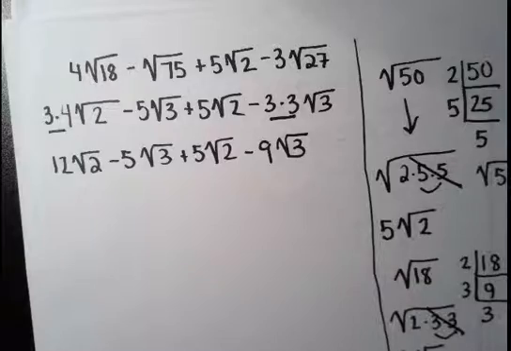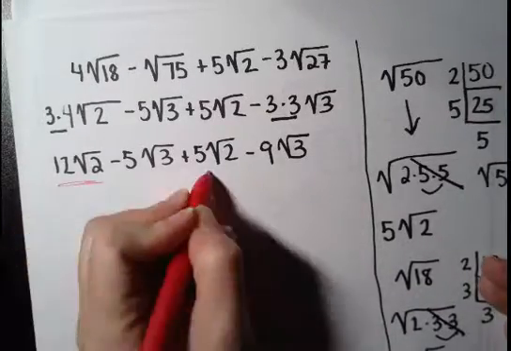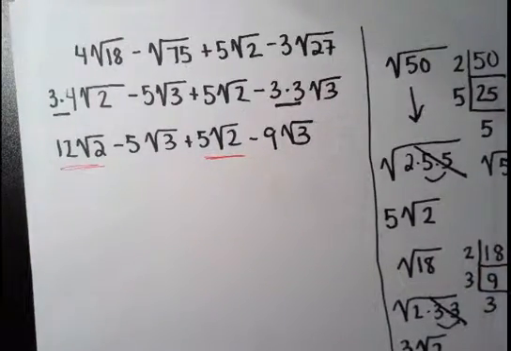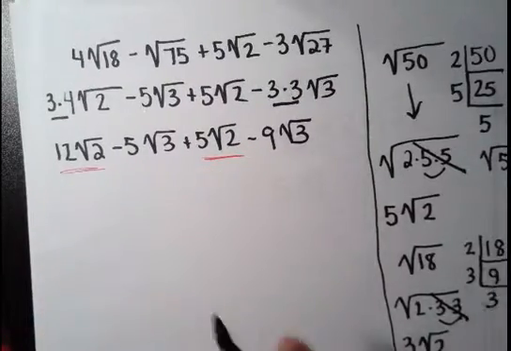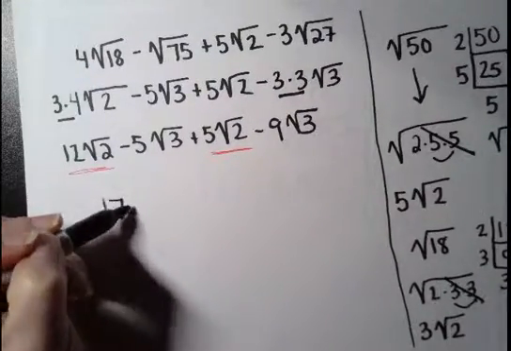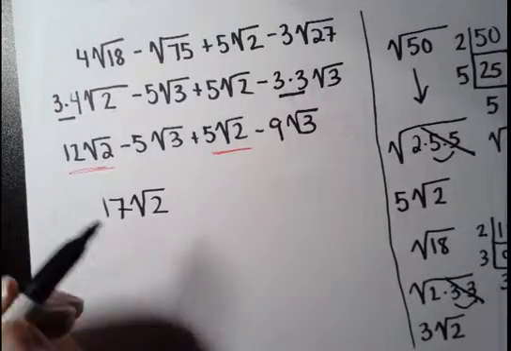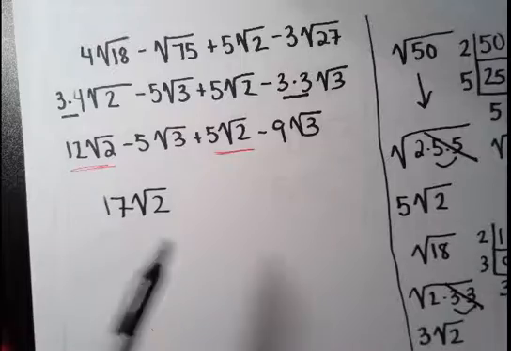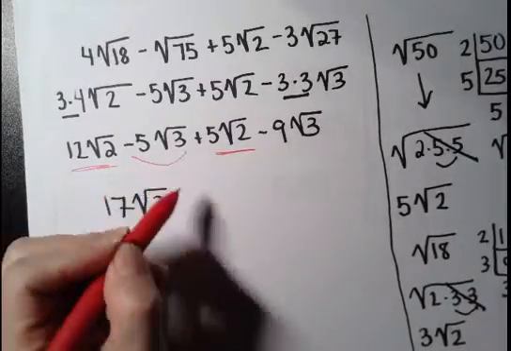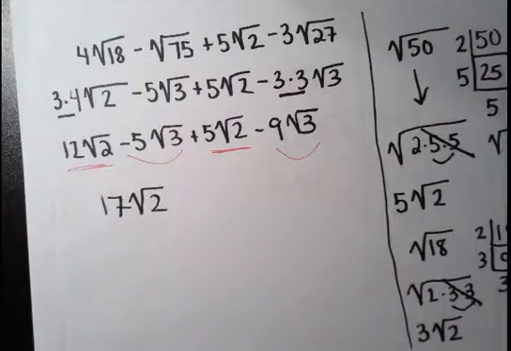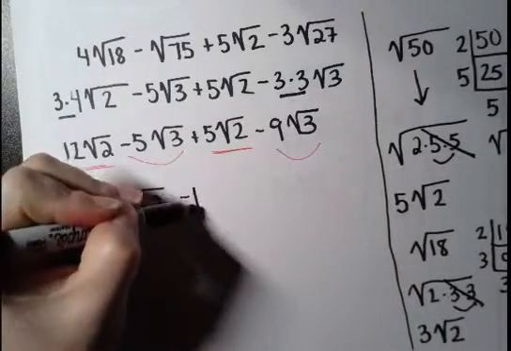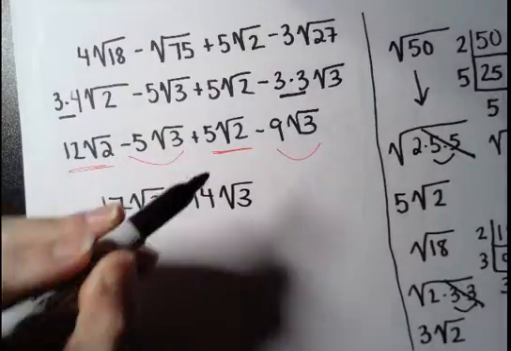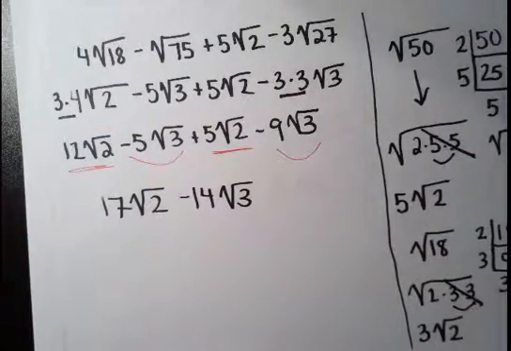So this term and this term have the same radical, so I can add 12 plus 5 to get 17 times the square root of 2. And I can also do the same thing with the ones that have the radical 3. So negative 5 and negative 9, which gives me negative 14 times radical 3. So you're only adding the coefficients.